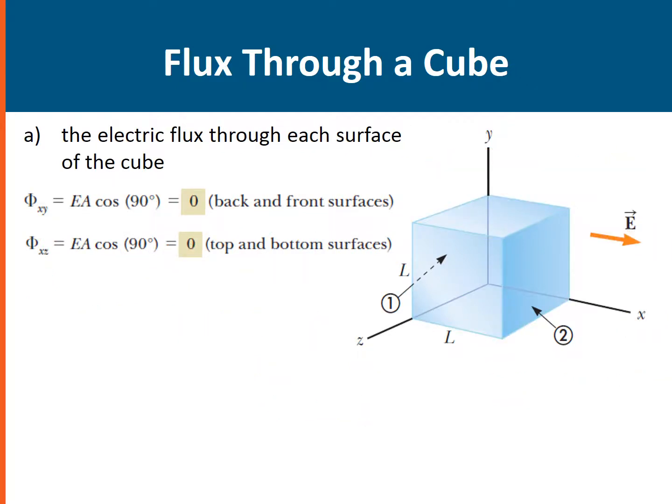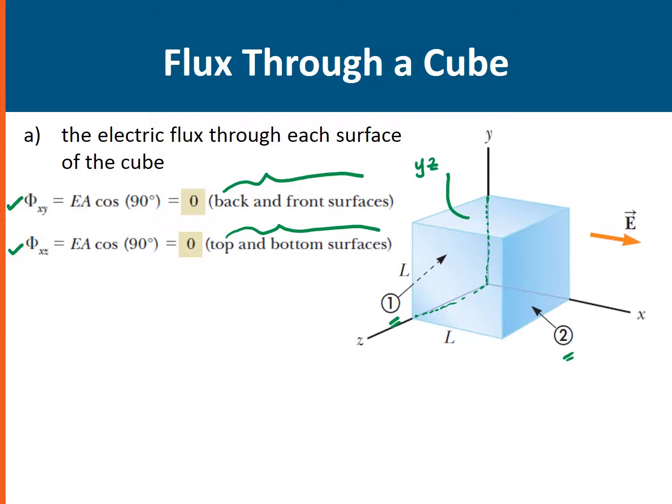So having analyzed the electric flux through four surfaces, that is the front and back surfaces and the top and bottom surfaces, which are all zero, let's look at the two other surfaces of the cube, which are surface 1 and surface 2. Surface 1 is the yz surface.